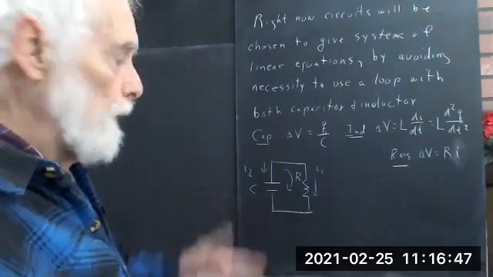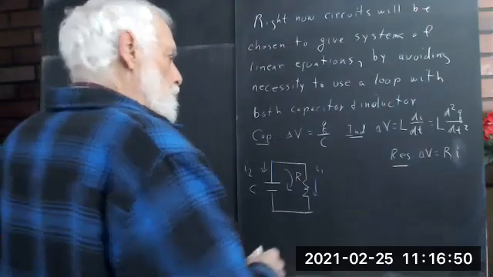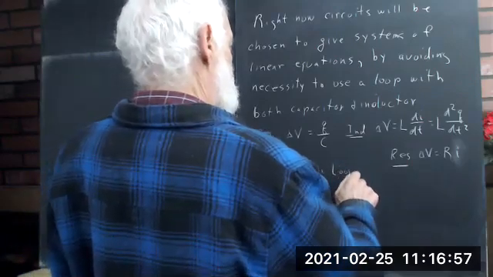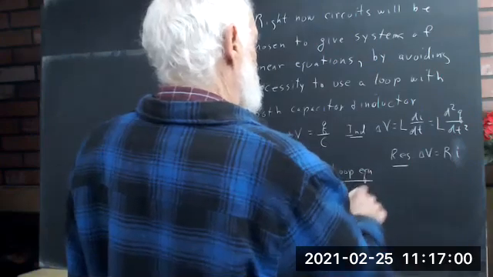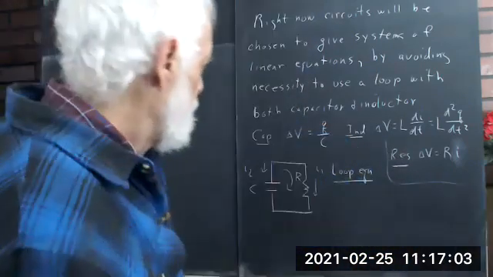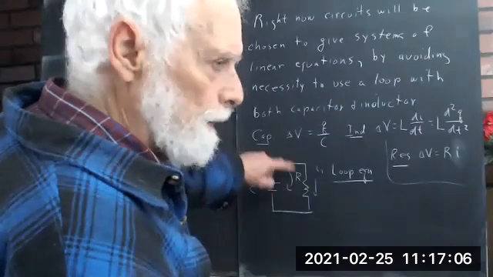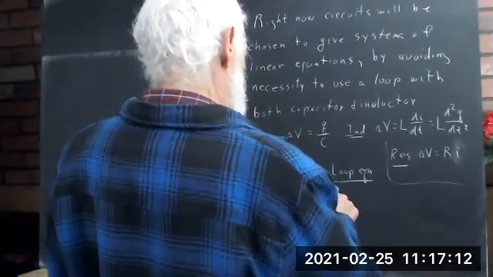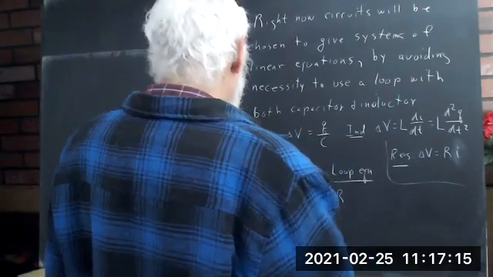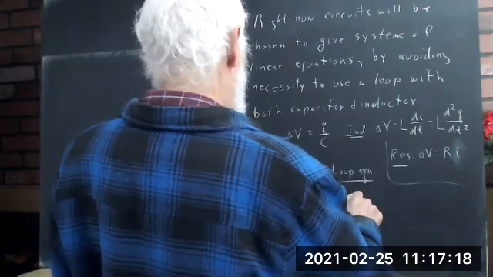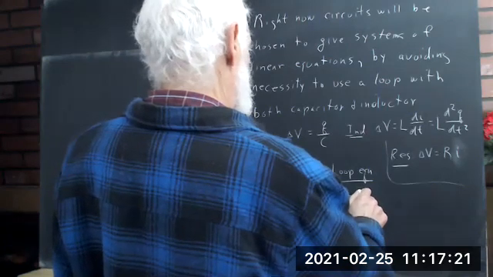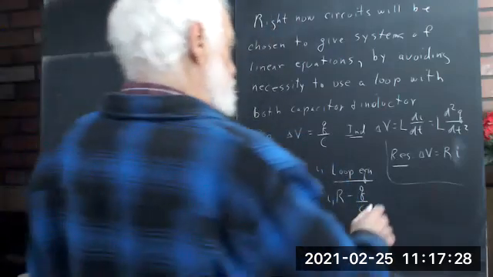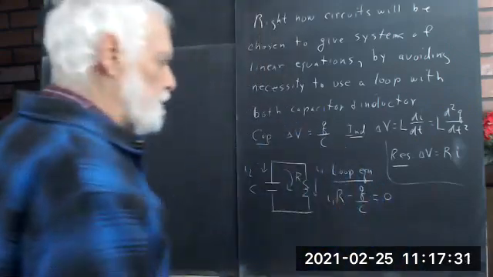Okay, well, one way to write this out is that then the voltage drop, say the loop equation, this circuit, if we're going around counterclockwise, is I1R minus Q over C equals 0.